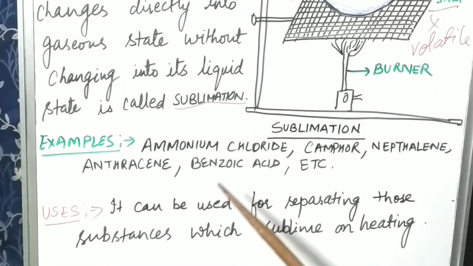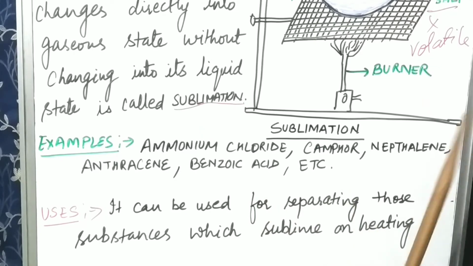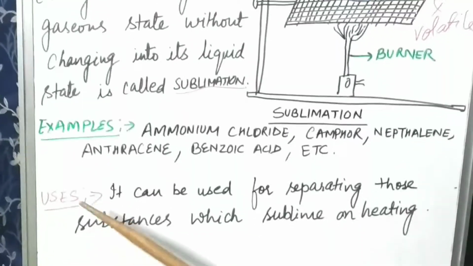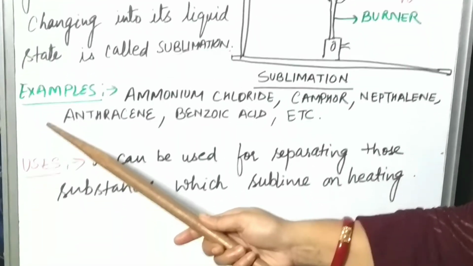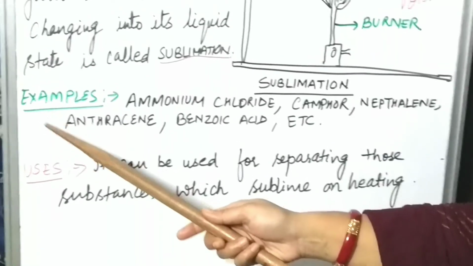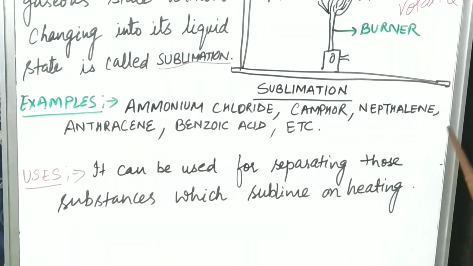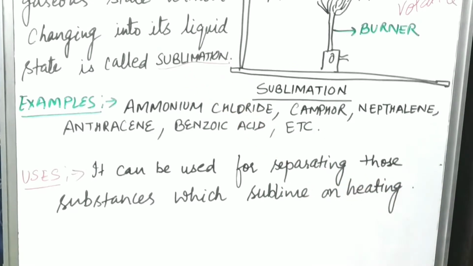Benzoic acid also shows sublimation. So there are some other examples also. You have to remember examples, because in the exam they may ask you examples of substances which show sublimation.